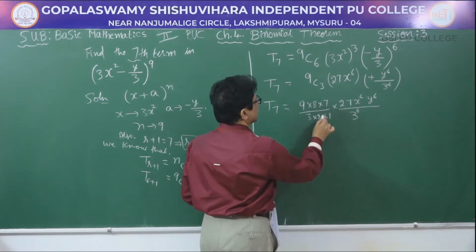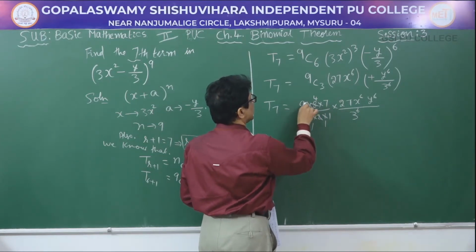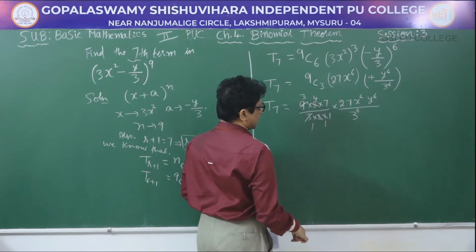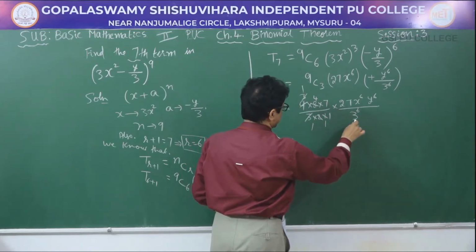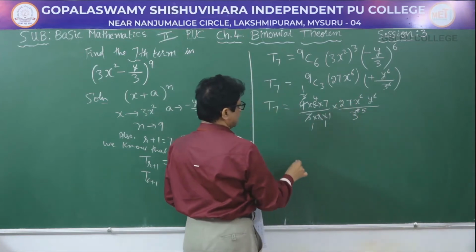2 1s are 2, 2 4s are 8, 3 1s are 3, 3 3s are 9, 3 1s are 3 and 3 power 5.